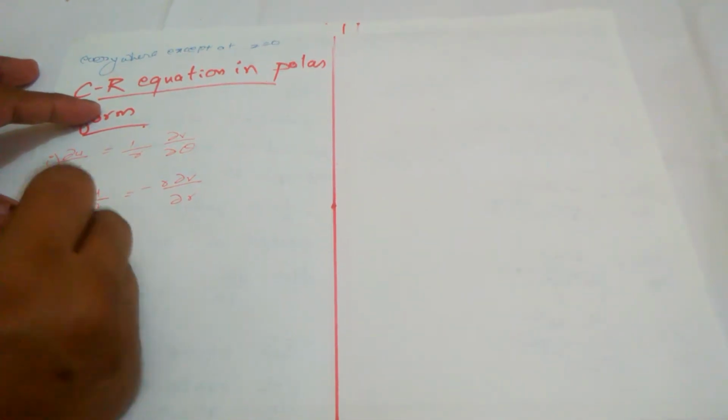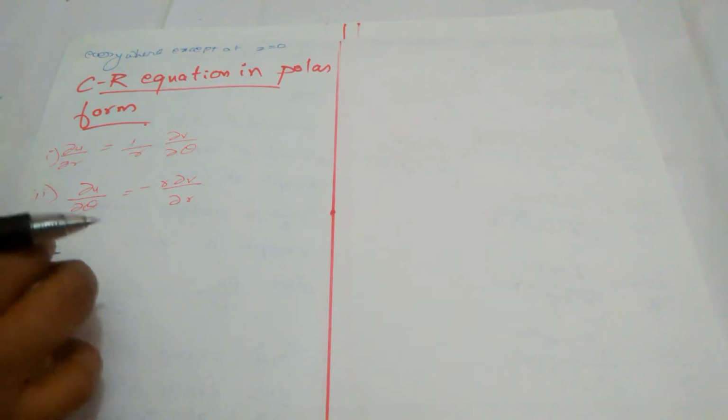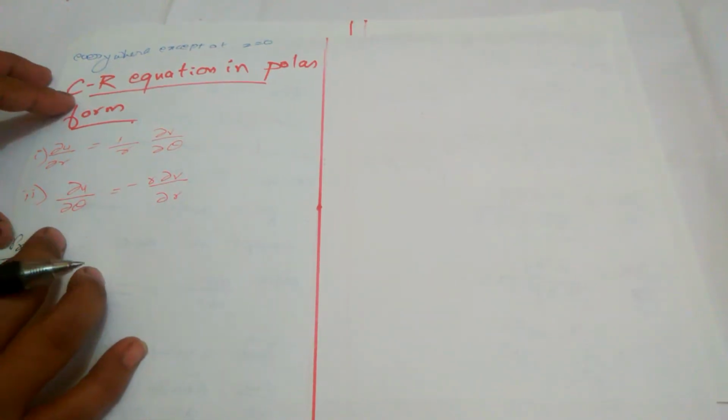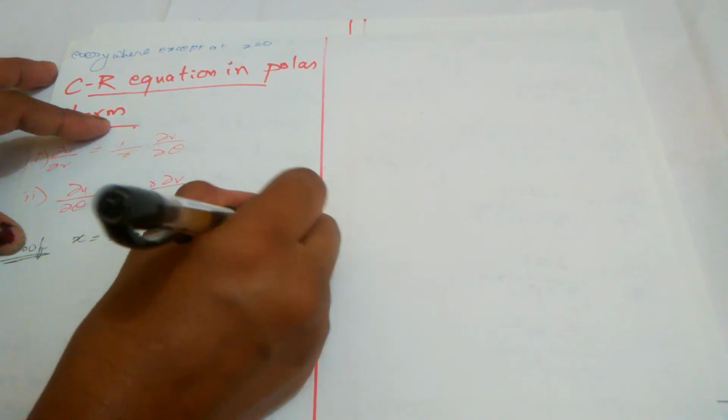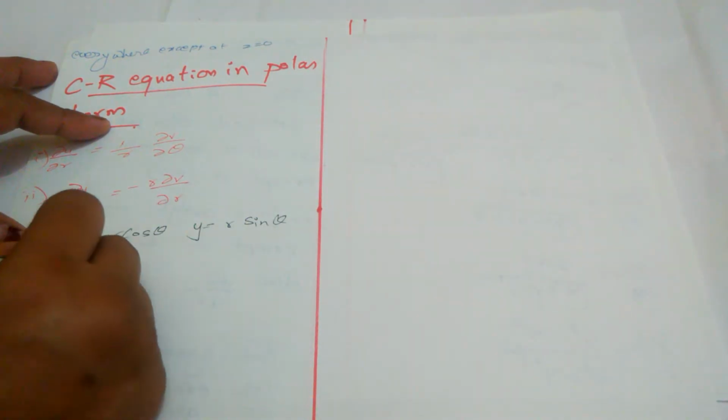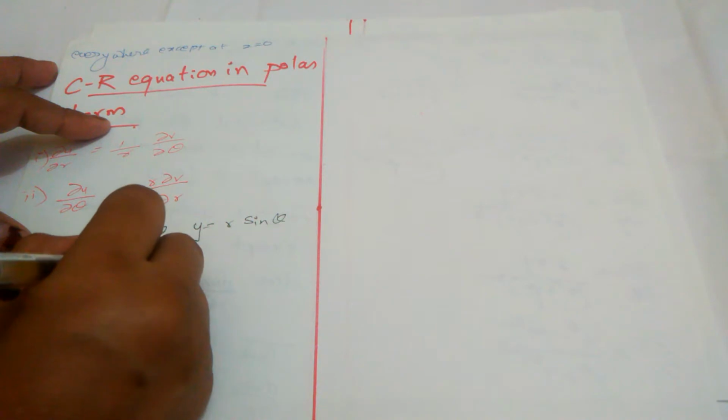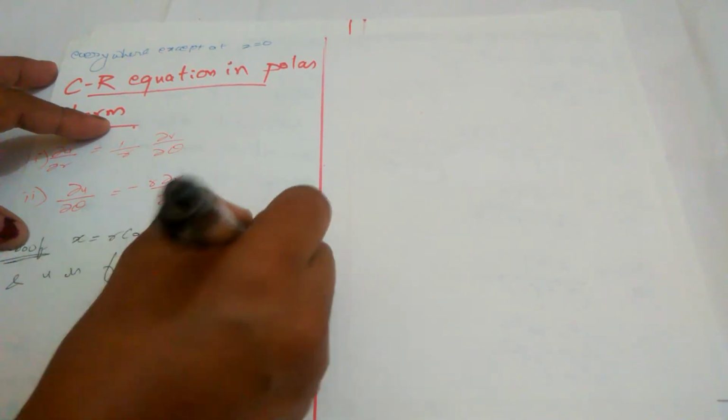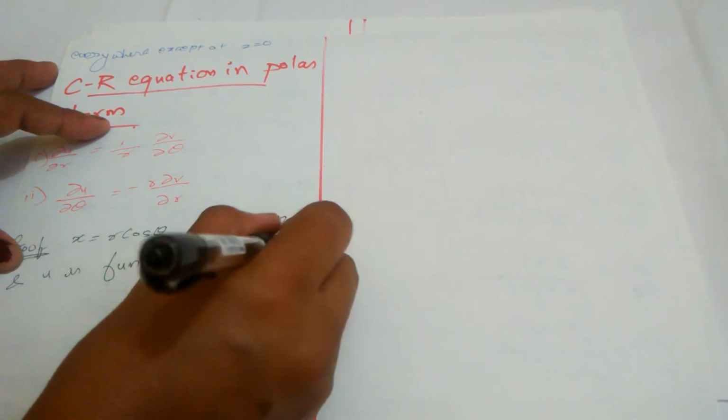We have to get the values of x and y, and we'll also require r and the polar representation of complex numbers. x is equal to r cos theta, and y is equal to r sin theta. u is a function of x and y.